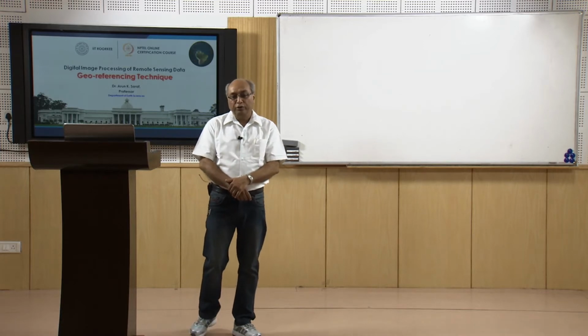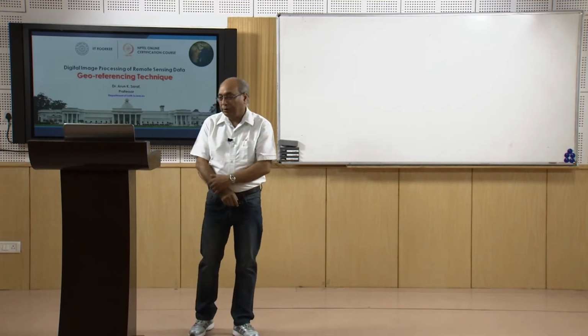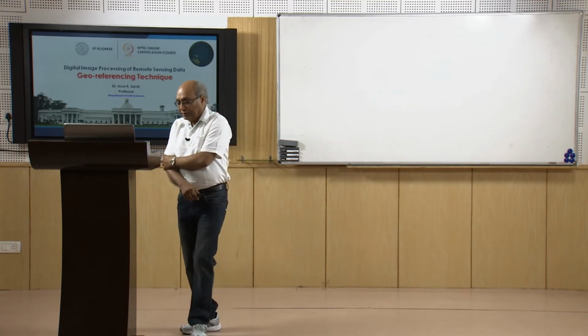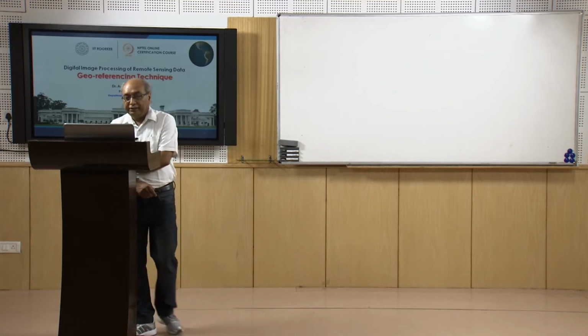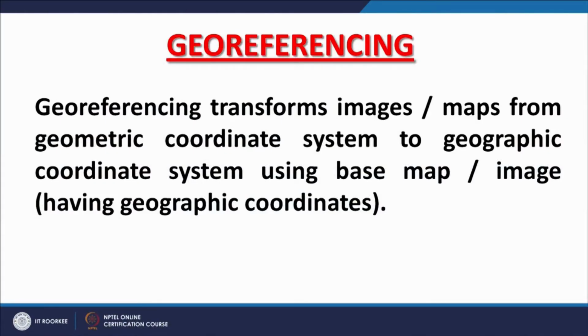Whereas in case of a geo-referenced image, it is the bottom left. This is also very important to understand, because when we go for geo-referencing, that is incorporated while the transformation is being performed. So geo-referencing, as you can see in the definition, transforms images or maps.